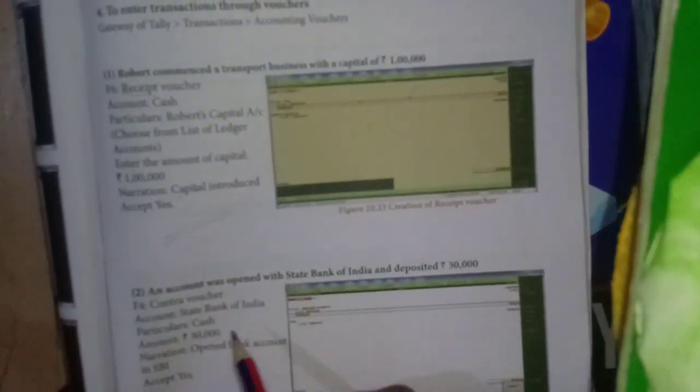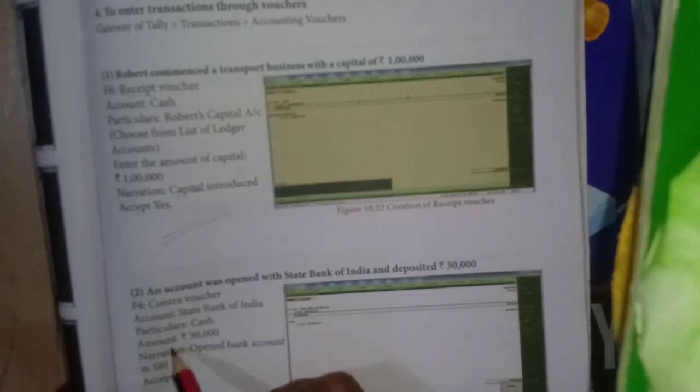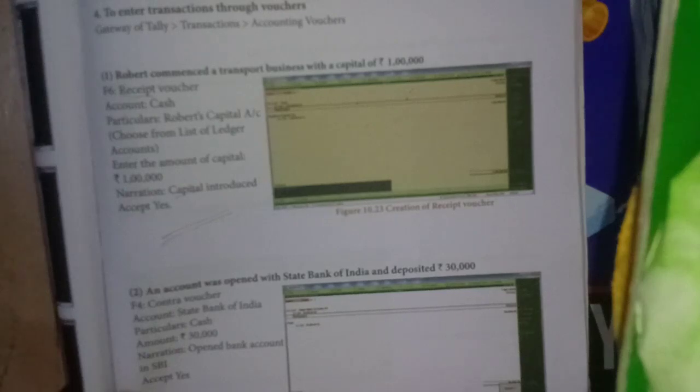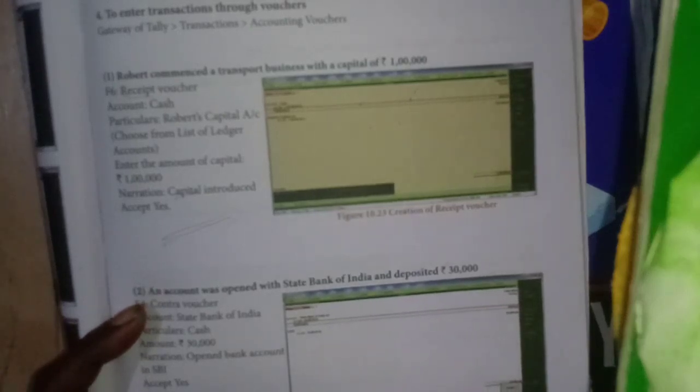State Bank of India account, particulars cash, we are paying cash. Amount 30,000 we enter here. Then in the narration, bank account opened in SBI. Then click yes here.